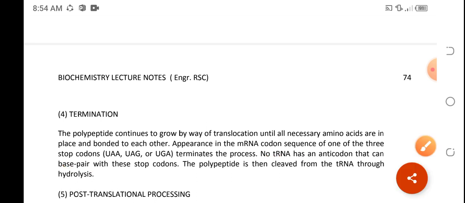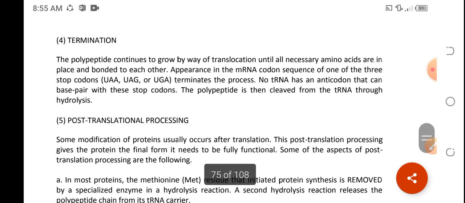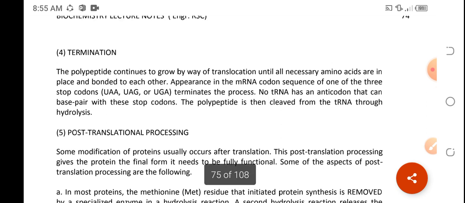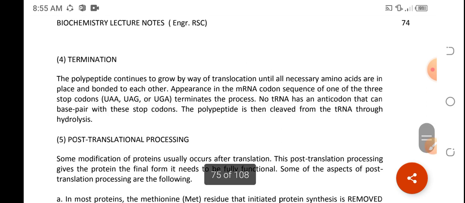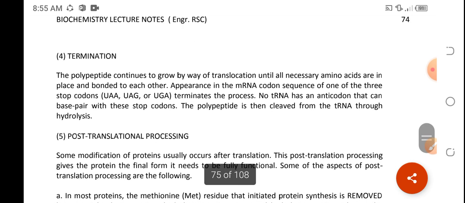Or with this stop codon, UAA, UAG, and UGA. Okay? And kapag natapos na, of course, the polypeptide, yung mga chain of amino acid, will be cleaved from the tRNA via hydrolysis.